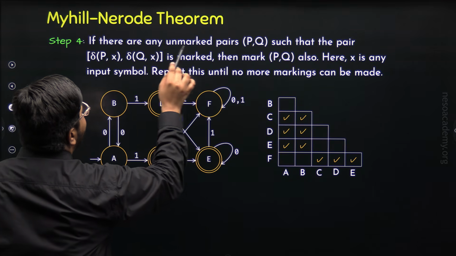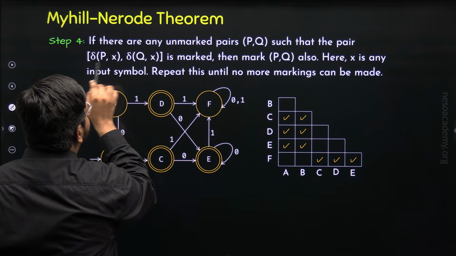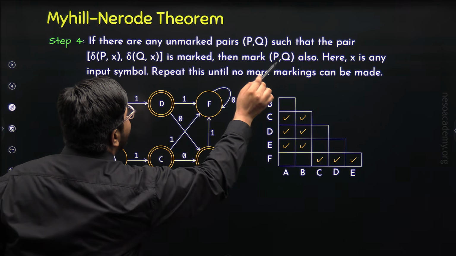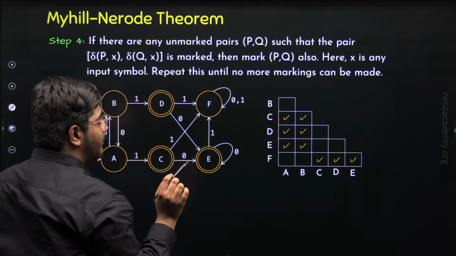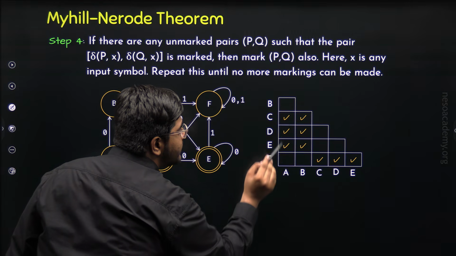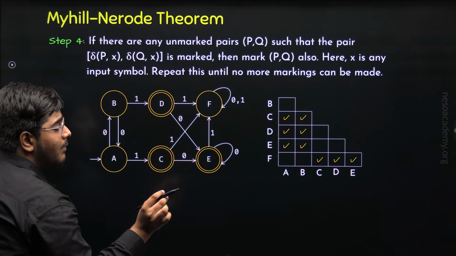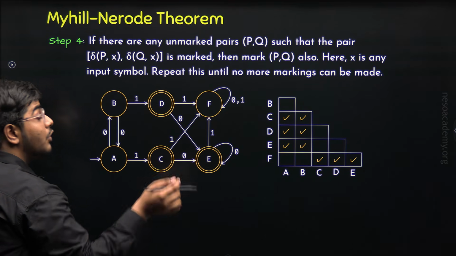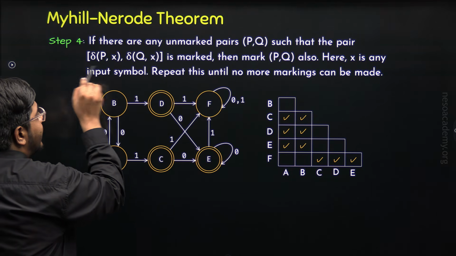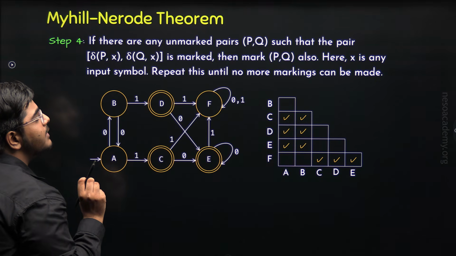If there are any unmarked pairs P, Q such that the pair delta Px, delta Qx is marked, then mark P, Q also. That means you need to check all the unmarked pairs. These pairs are unmarked pairs. And you need to check all these unmarked pairs one by one. For each unmarked pair P, Q, you need to calculate delta Px and delta Qx, where x is any input symbol.